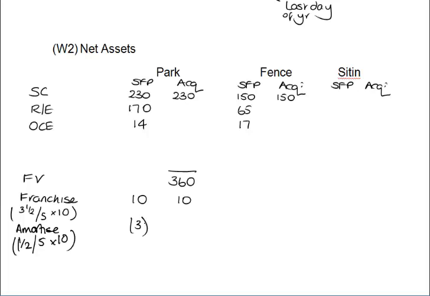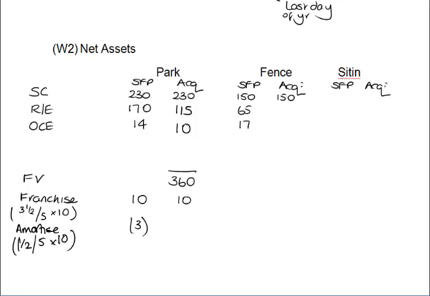So we're using the full value method for our acquisitions. We are told that the retained earnings of Park were 115 million. So I'm going to put 115 million to working number 2. And OCE was 10 million at the date of acquisition.